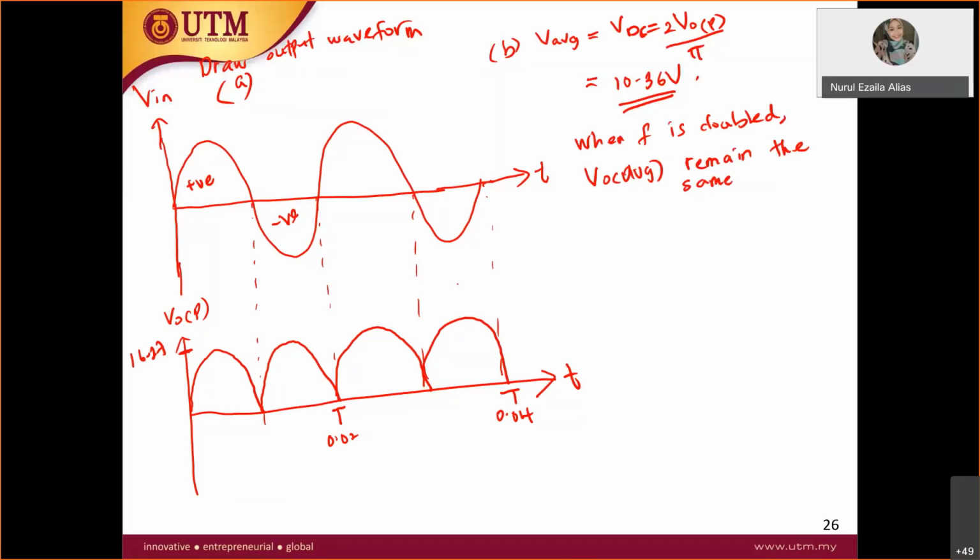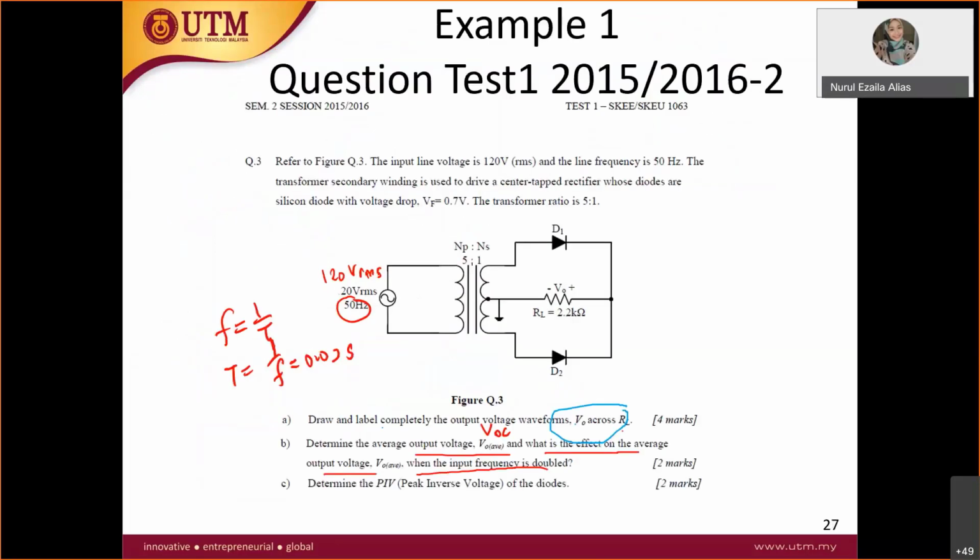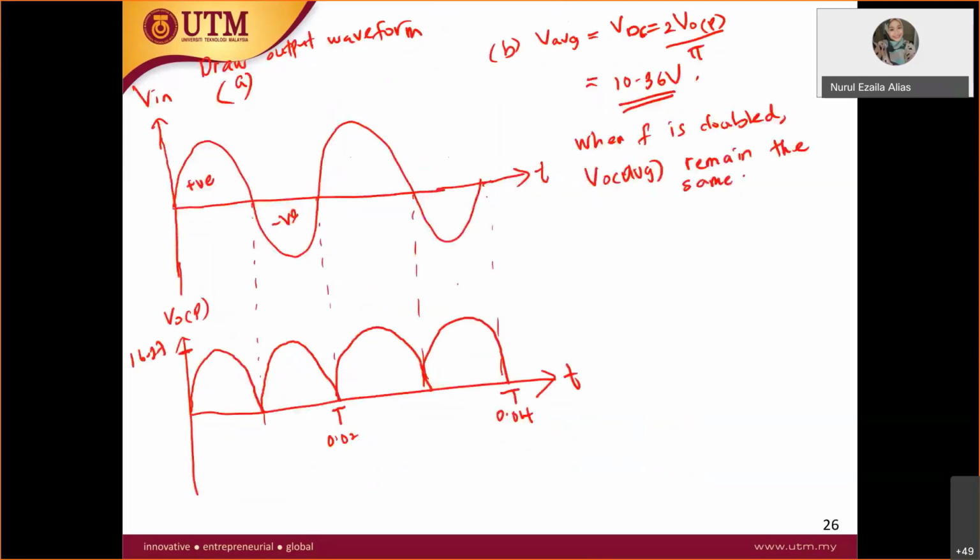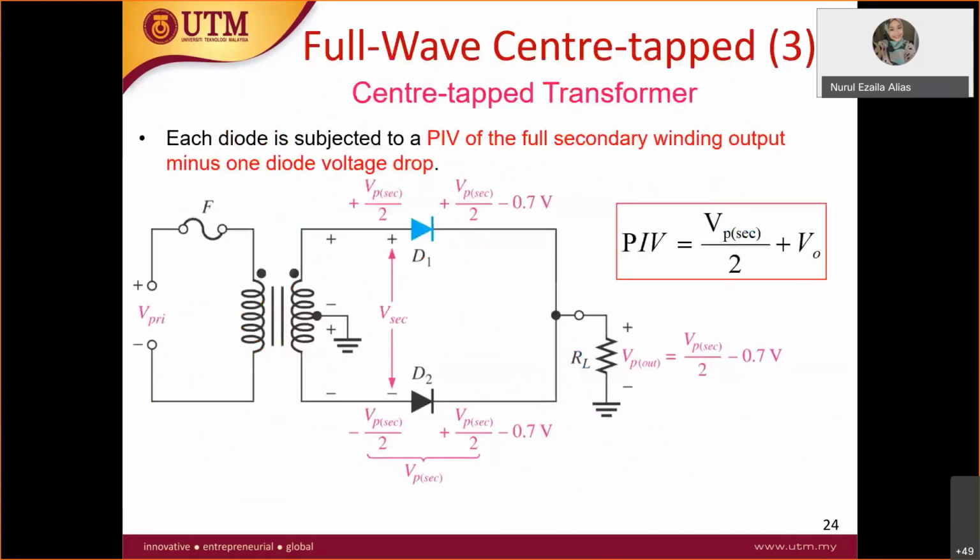Let's take a look at the C part. Determine the peak inverse voltage. PIV is given by, what was the equation just now? V peak secondary over 2 plus V output peak.